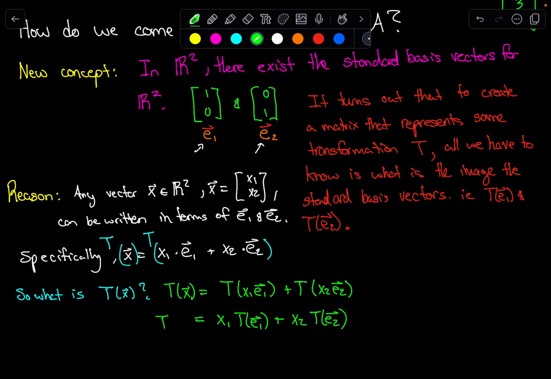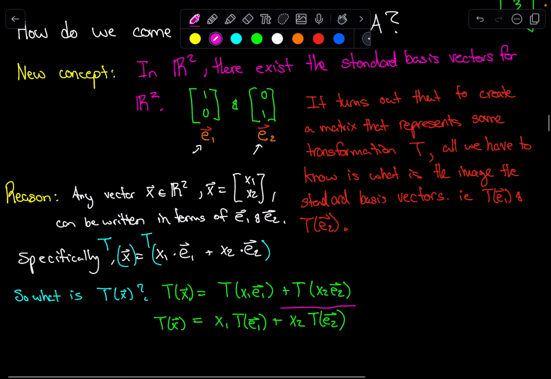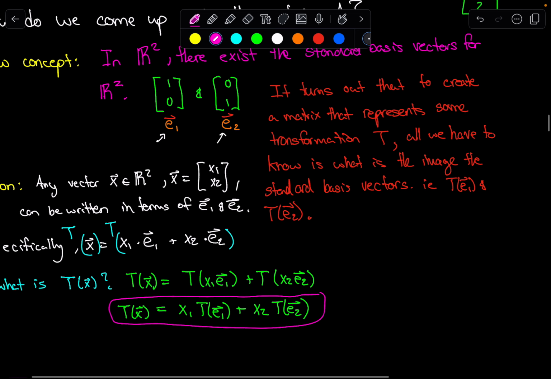If you have a keen eye, think about it for a few seconds: what does this look like? We have x1 times some vector plus x2 times some vector. Hopefully alarm bells are ringing.